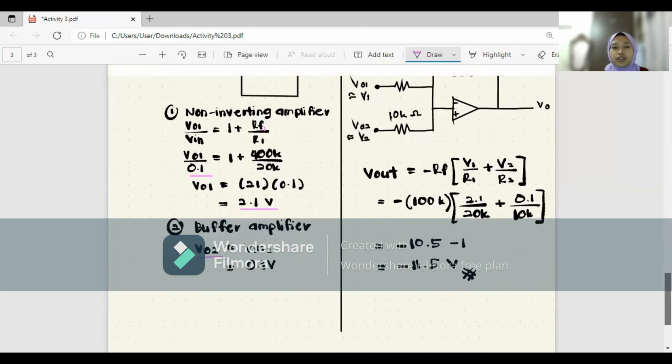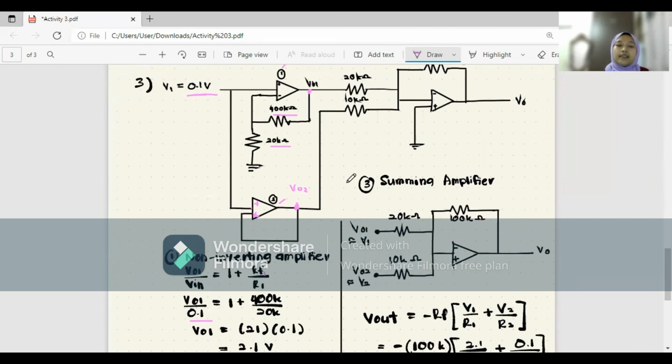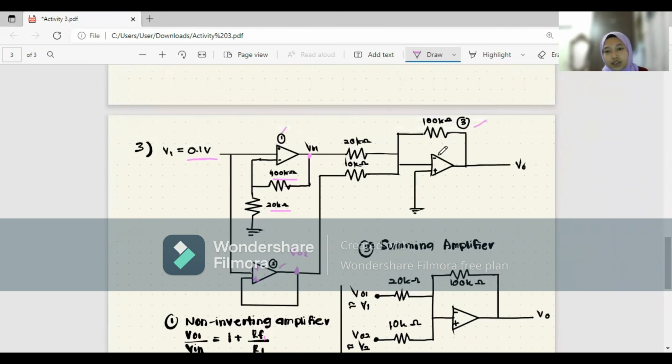So now we already know that the voltage output for the first amplifier is 2.1 volt, and the output voltage for the second amplifier is 0.1 volt. Now we can proceed to the third amplifier, which is a summing amplifier.